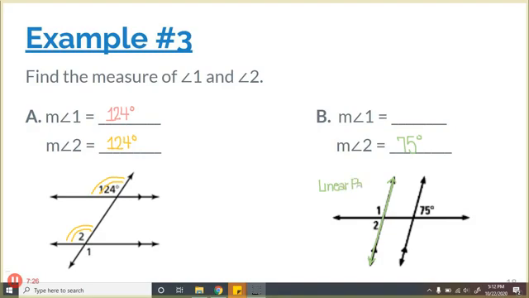And in a previous unit, we learned that linear pairs were supplementary. So that means that those two angles are going to add to be 180 degrees. So if we know that angle 2 is 75 degrees, to find angle 1, we are going to subtract 75 from our 180. And so we're looking at 105 degrees for angle 1. So that one we did have to use prior knowledge from a previous unit.